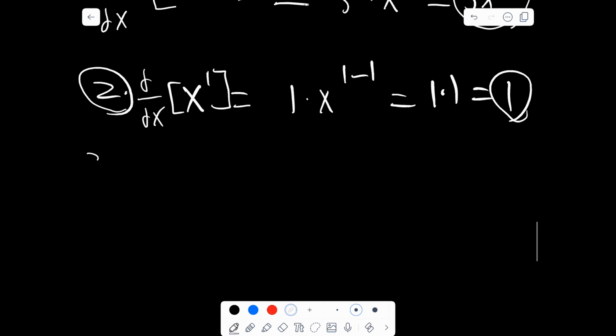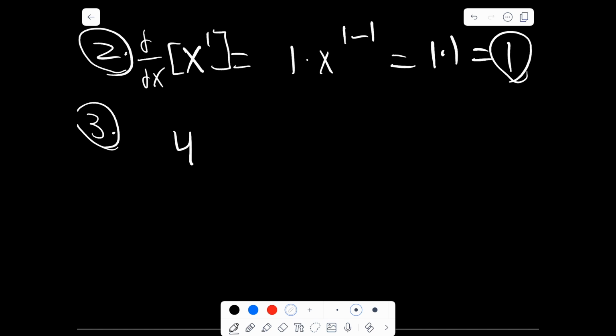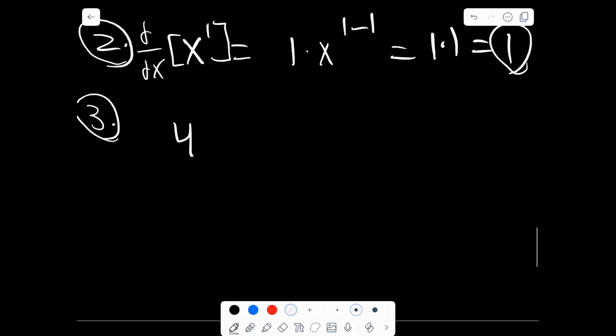Next example, example 3. We just have a 4. What do we do here? Well, x to the 0, as we said, is 1. First of all, let me just say, if it's ever a constant number, a 4, 5, 13,000, 15 billion, the derivative of that is always going to be 0. But to prove why, we're going to go through this example. Let me write that d over dx.